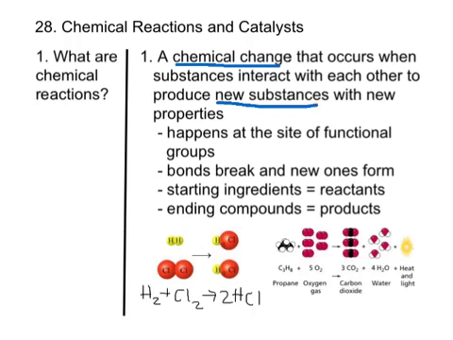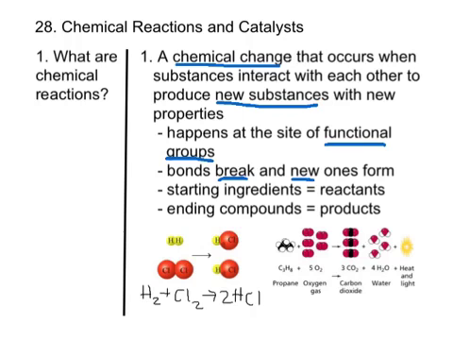When we're talking about big biomolecules that we're going to be working with, chemical reactions occur at the site of the functional groups. So the functional groups are going to be breaking apart in these chemical reactions. So obviously bonds are going to break, new ones are going to form, okay?